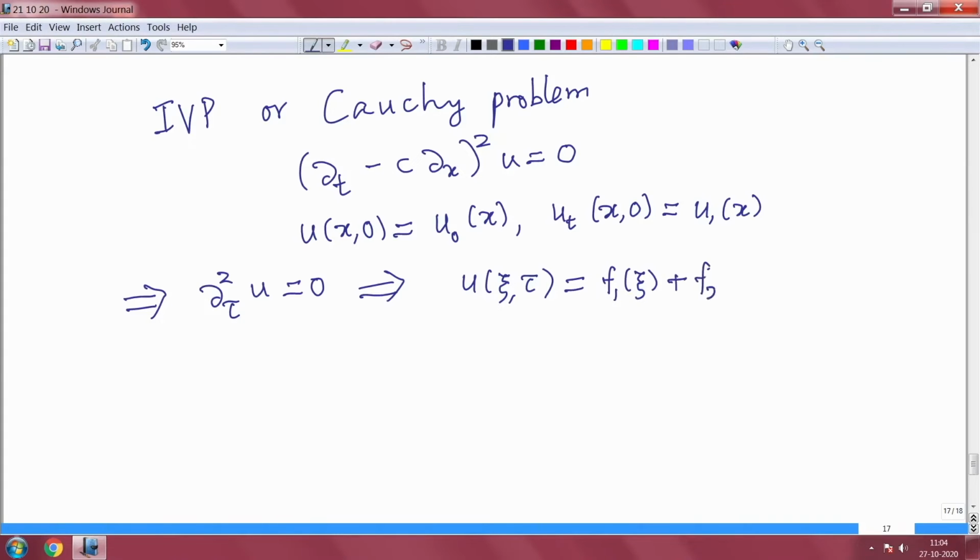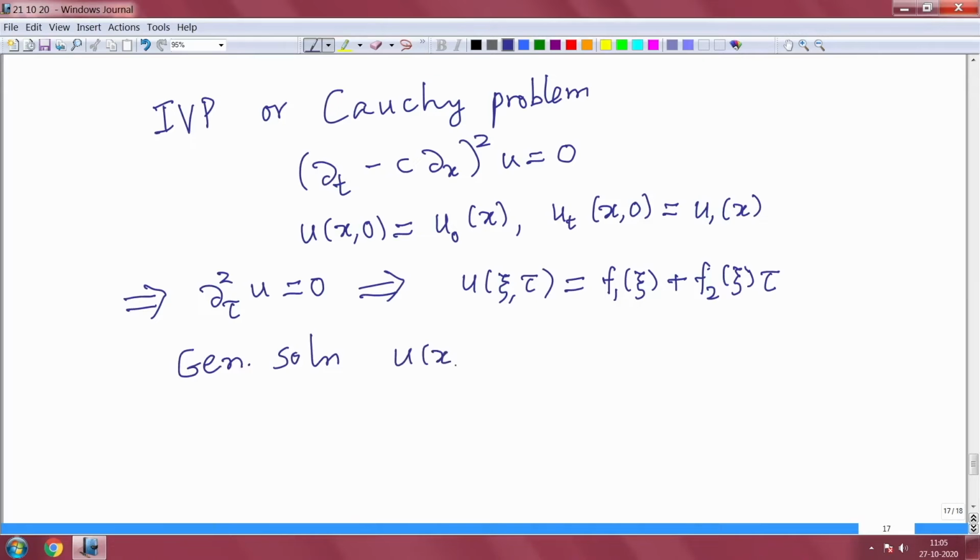So, this is the general solution of this equation. Okay. So, let us go back to the original variables. So, the general solution u of x, t.